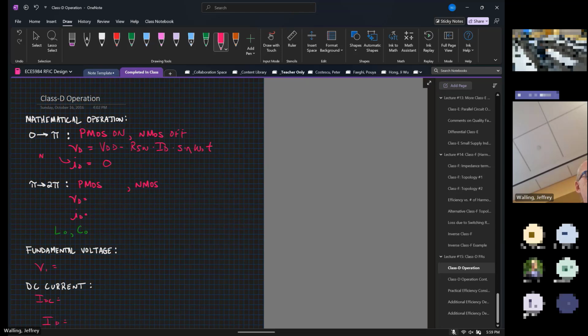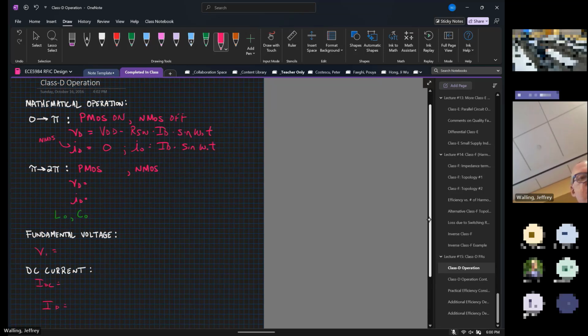This is the NMOS transistor. Our output current is equal to ID times sine of omega naught t.